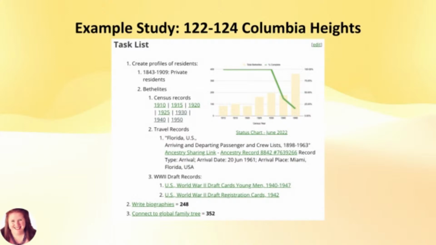So that's something you can do with WikiTree Plus, which is an independent application or tool that you can use on the database at WikiTree. So that's just another benefit. You can check to see how many profiles in your study category are connected versus not.